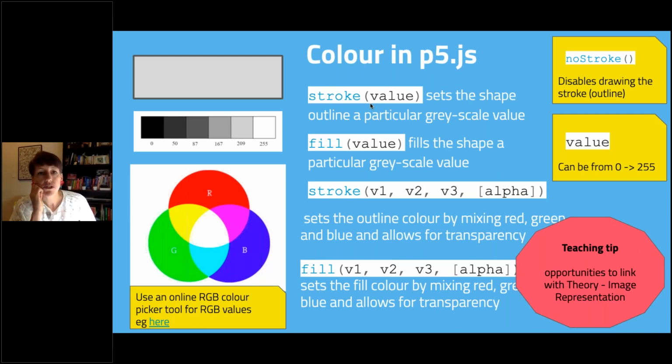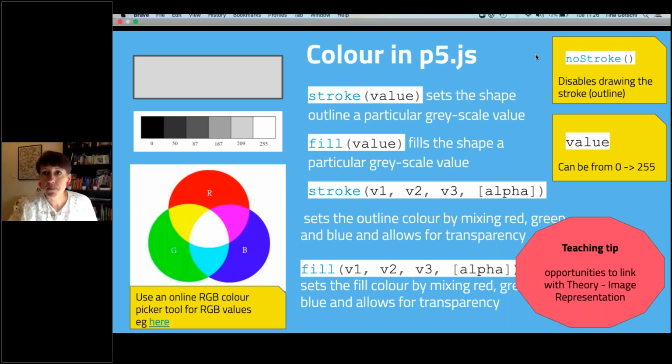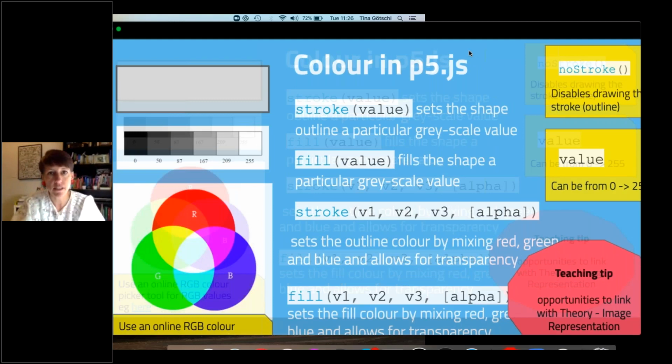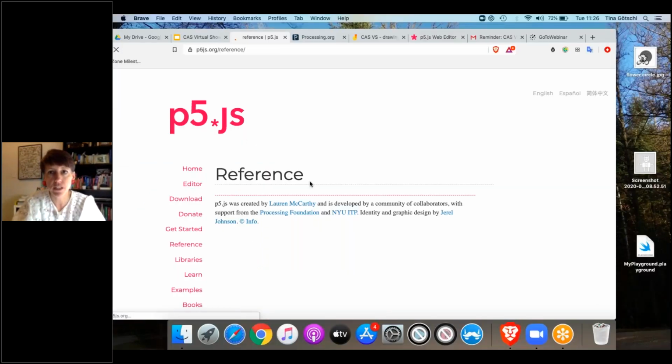So if you'd like to... Sorry, Tina, just a question about colours. Dominic asks, can you use hex rather than 0 to 255? Not in p5 as far as I know. If you have a look at the reference, let's have a quick look. So if we look at the reference and we look for fill.